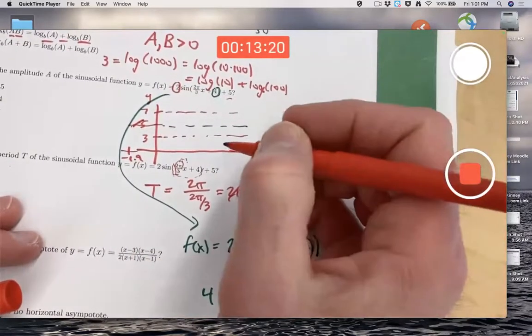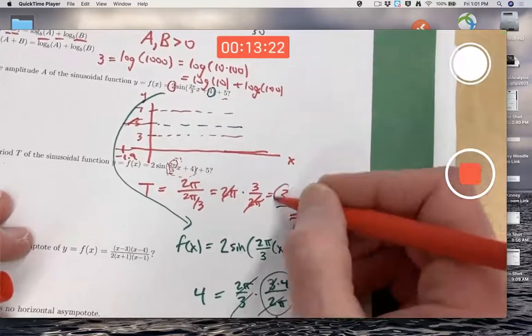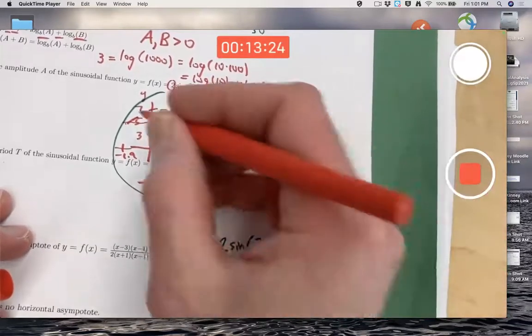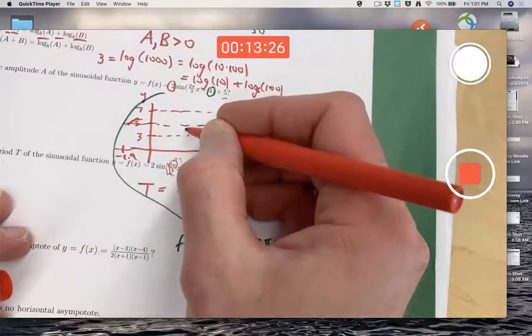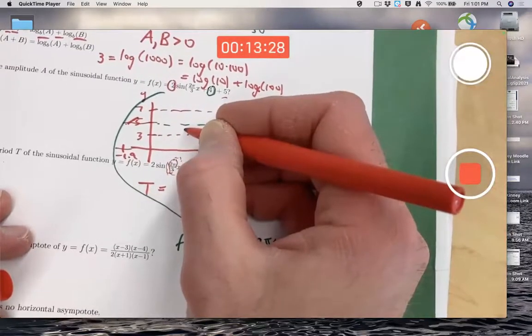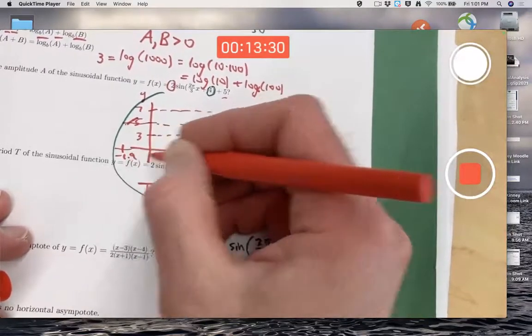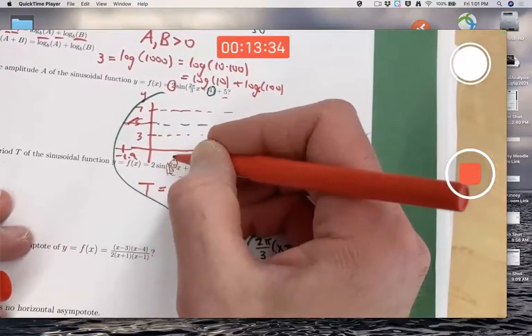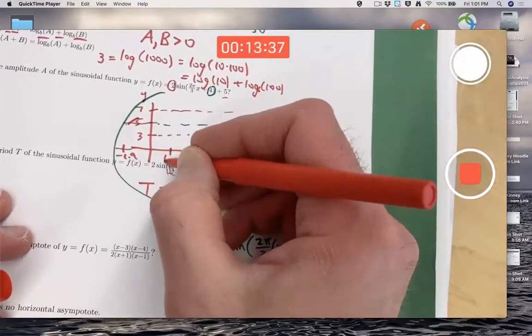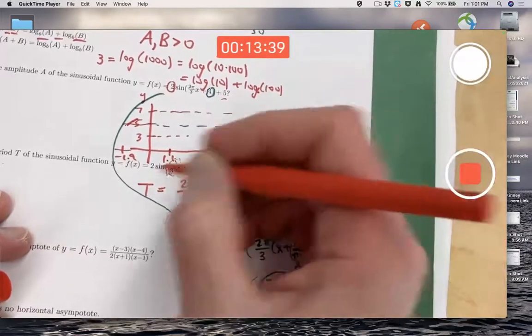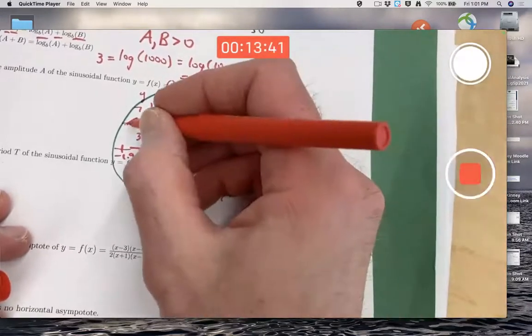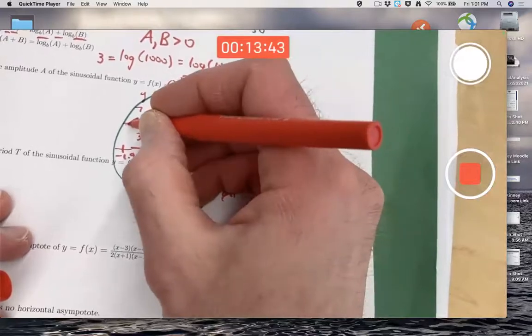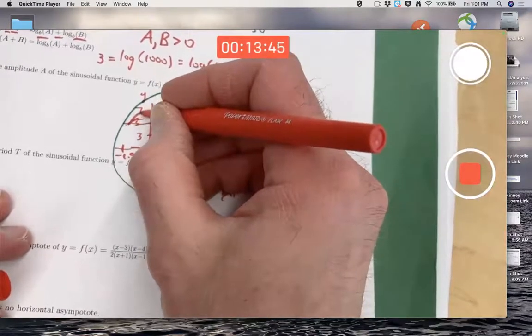The period is 3, right there. So we have to go up, then down, then back up again within 3 units of time. And if this is about negative 1.9, 3 units of time would then be negative 1.9 plus 3, about positive 1.1, approximately. It's going to look something about like this.